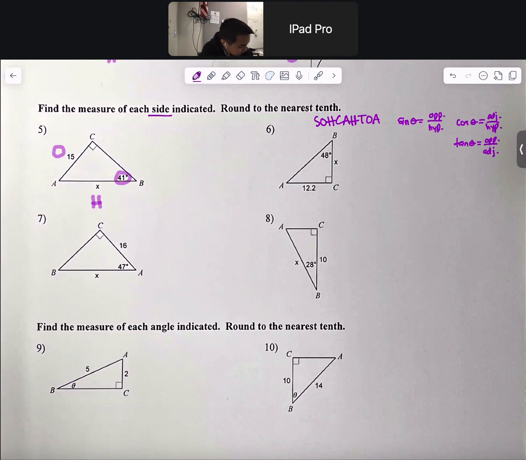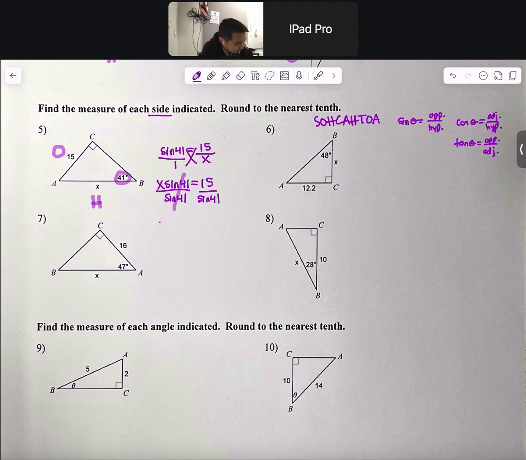Sine is opposite over hypotenuse, so sine of 41 equals opposite over hypotenuse. To solve for x, we put sine 41 over 1, and we cross multiply. X sine 41 equals 15 times 1, which is 15. And then to isolate the x, we divide sine 41 away.